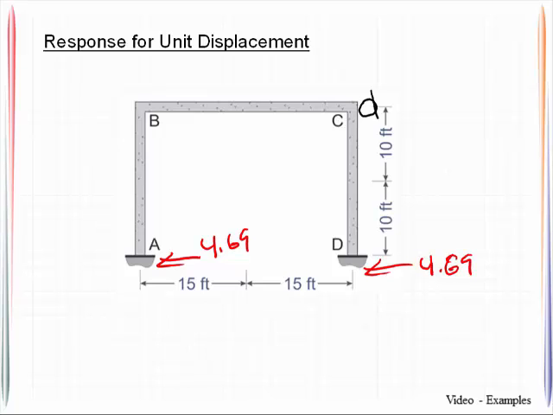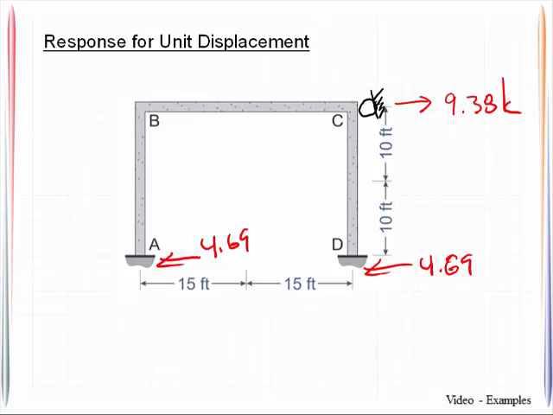Remember, we had this locked up here, so running equilibrium, I know that in order to produce a 1 inch displacement up here, it's going to take 9.38 kips.